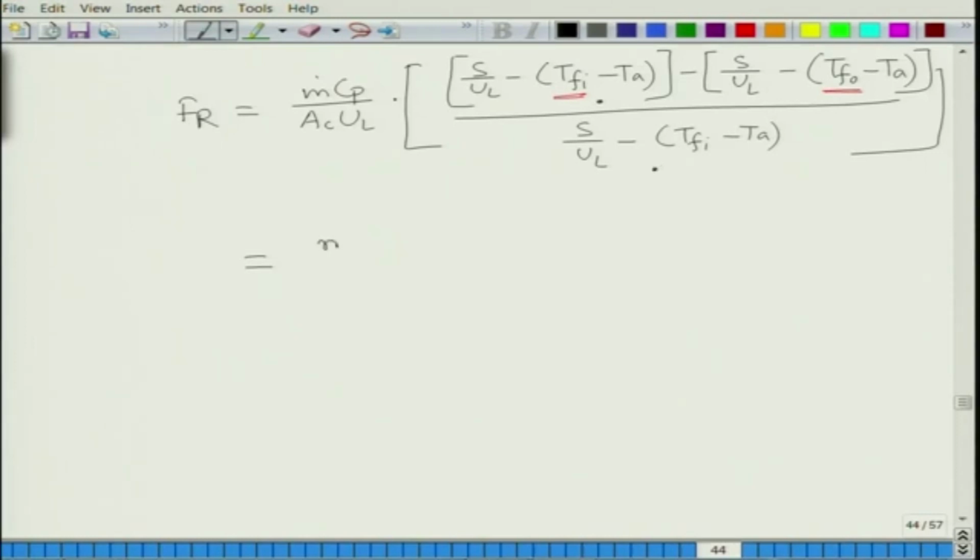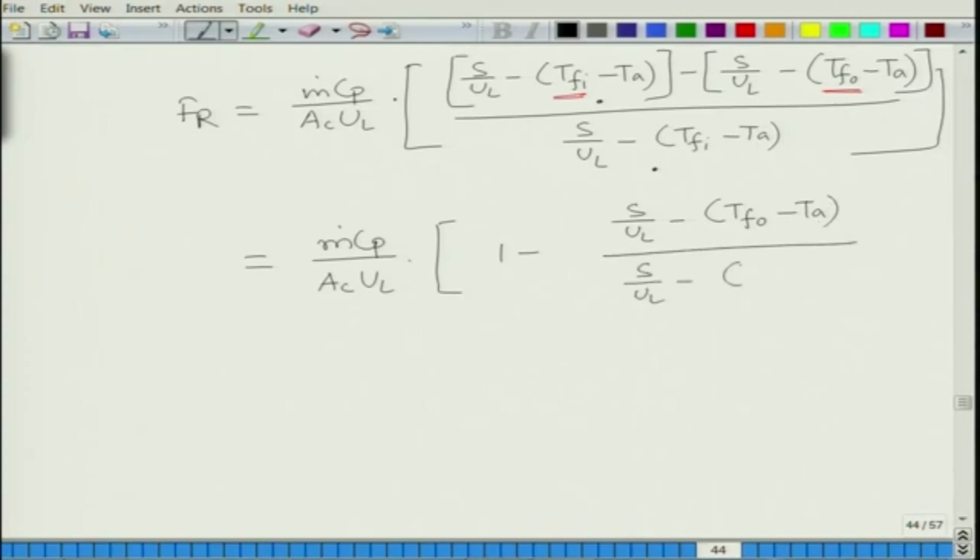So, we can write m dot C_p over A_C U_L, and within parentheses 1 minus (T_F0 minus T_A minus S over U_L) divided by (T_FI minus T_A minus S over U_L). Agreed? Simple algebra we did.